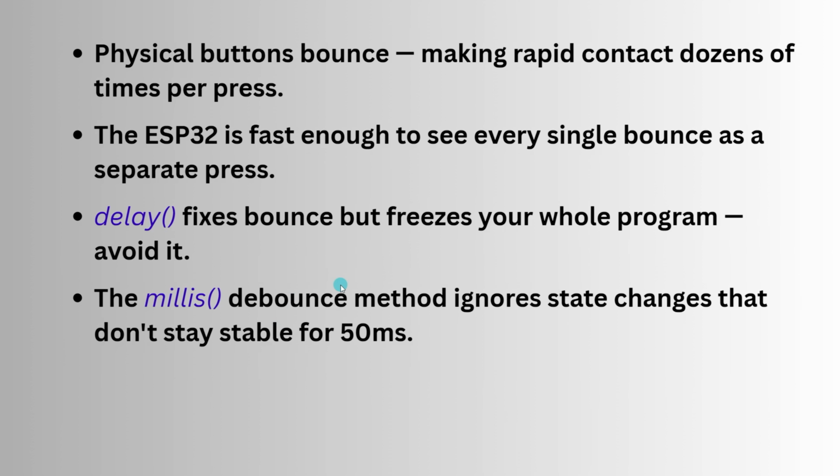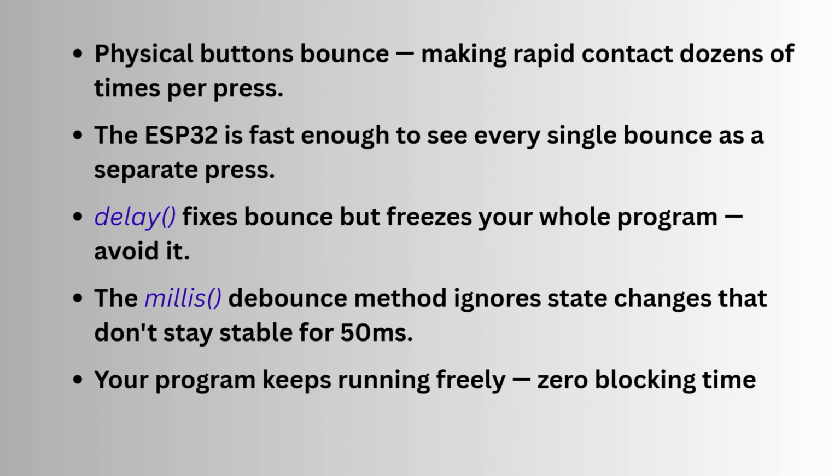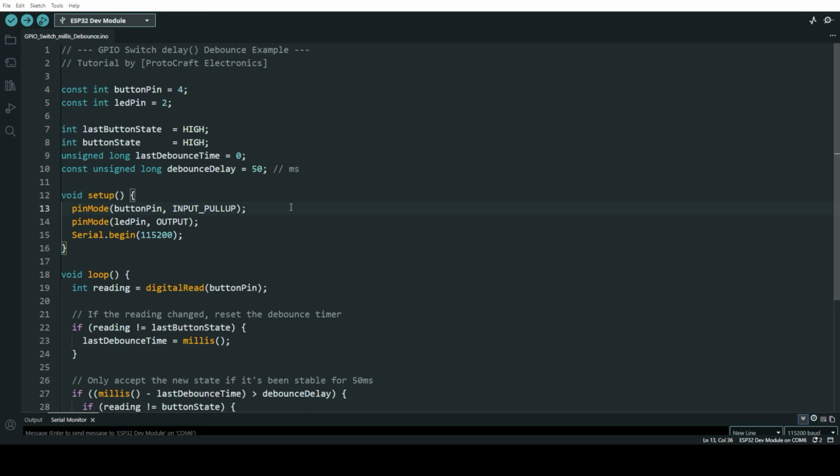The millis debounce method ignores state changes that don't stay stable for 50 milliseconds. Your program keeps running freely, zero blocking time, so use millis. With input pull-up from the last video and debounce from this one, your button is now production ready. Clean state, no noise, no phantom values.